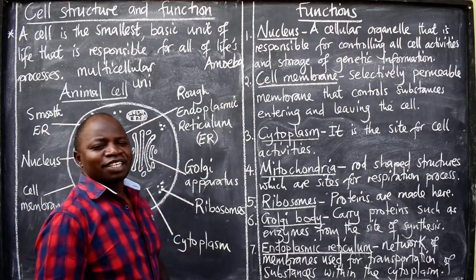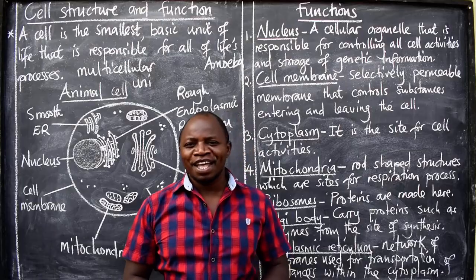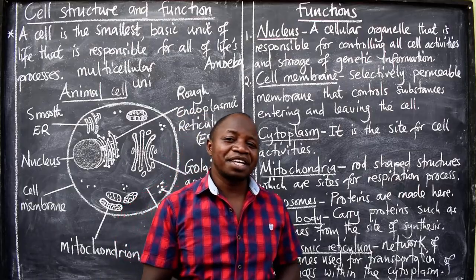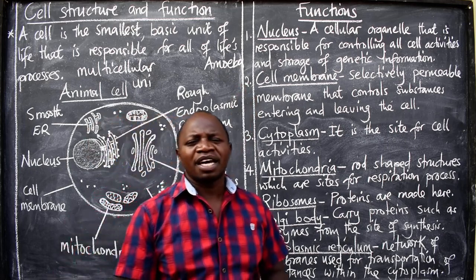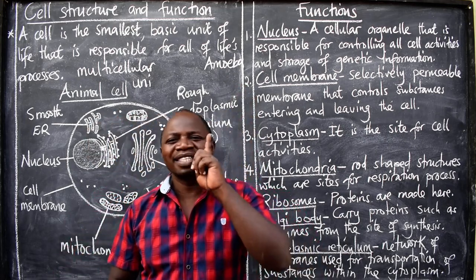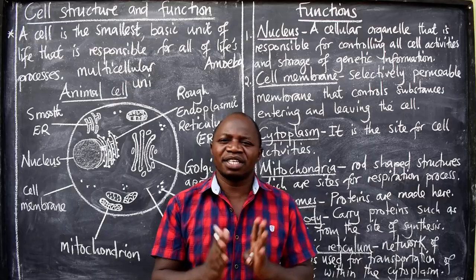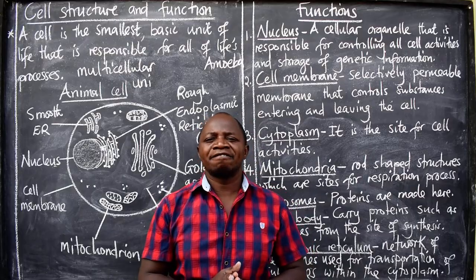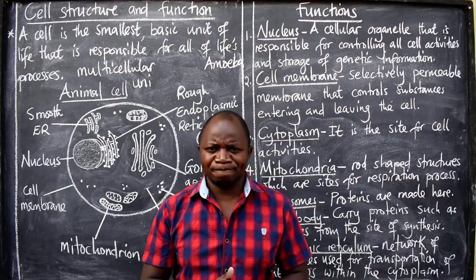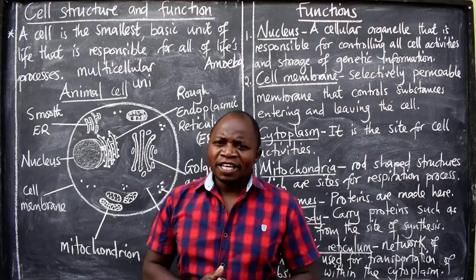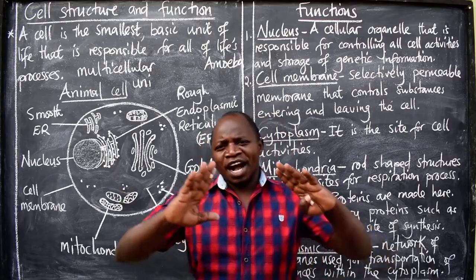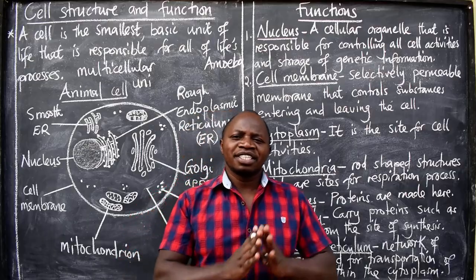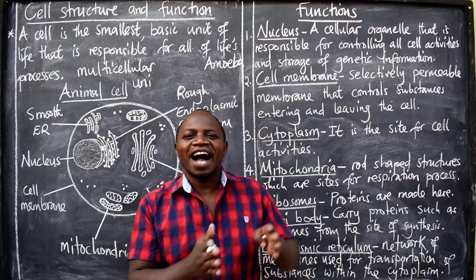Some people say it differently, but that is not correct. So these living organisms are made up of only one single cell that performs all the different types of functions in their bodies.